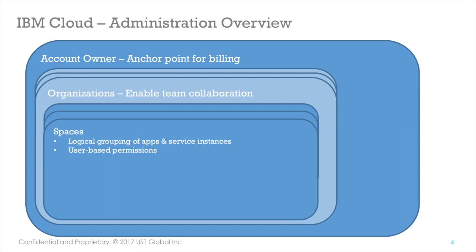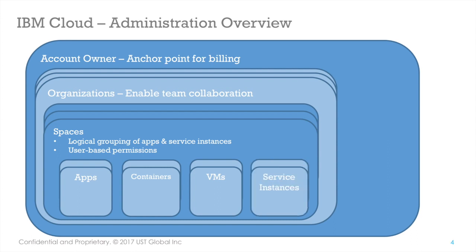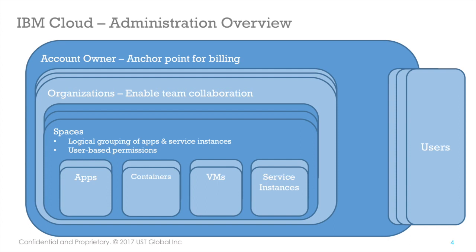So the different elements that we can control inside one space are the apps, containers, VMs, and service instances. All of that is related to the different users that we have in the organization and the space, with different roles that we can control, defining what each of them is doing every time.